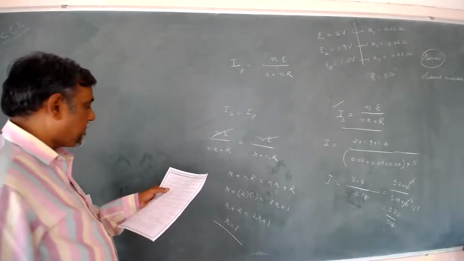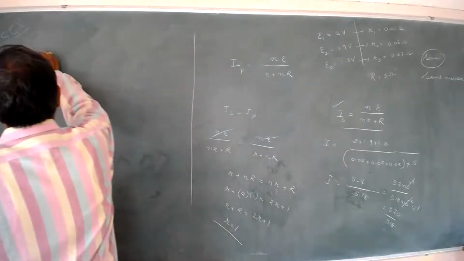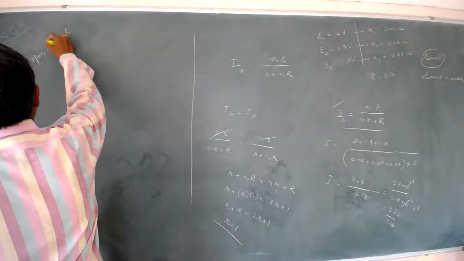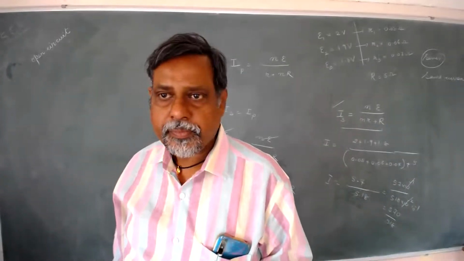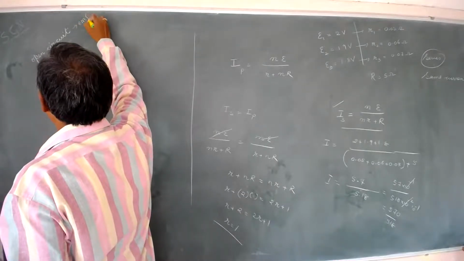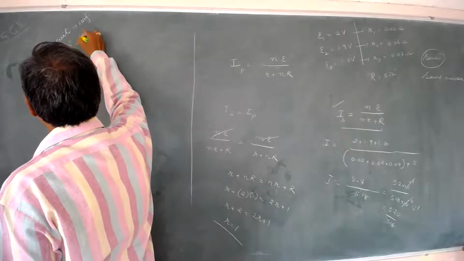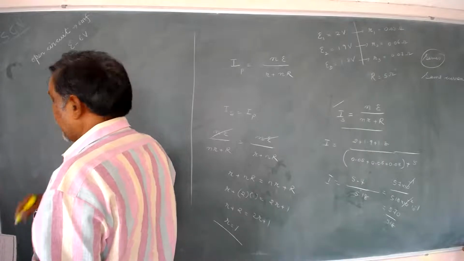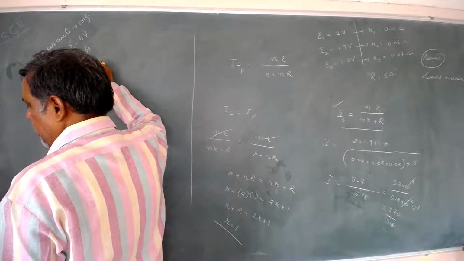So look at this, the potential difference of the cell on open circuit. Open circuit means what? The potential in the open circuit is nothing but the electromotive force. So 6 volt is the electromotive force, which falls to 4 volt when a current of 4 ampere is drawn. So the terminal voltage becomes 4 volt.